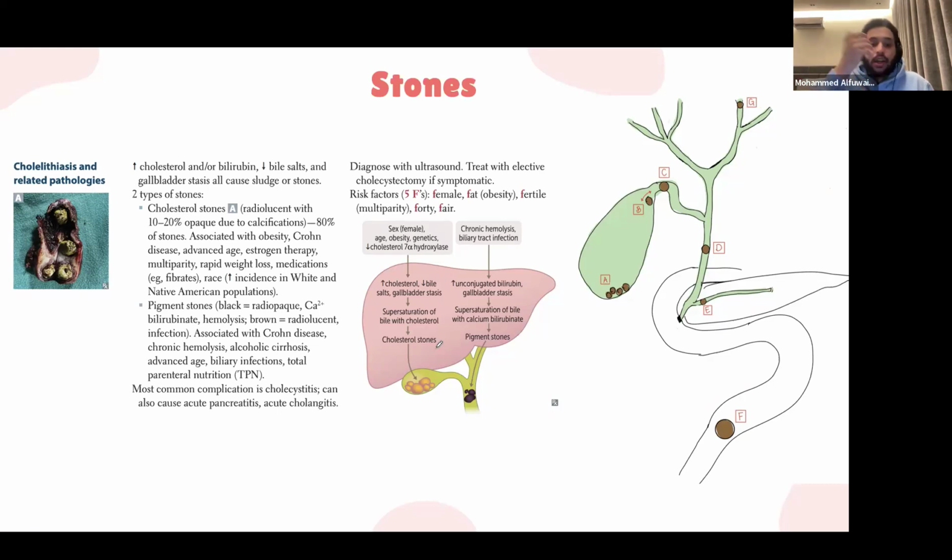That's that. Now, how do these stones present? There are many manifestations. The presence of stones in the gallbladder is something that we call cholelithiasis. It's just gallstones. These are typically asymptomatic. Now, I'll tell you a manifestation and you tell me what stone manifestation this is. Okay, I'll give you a case.